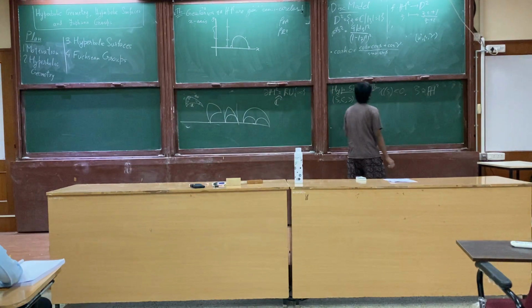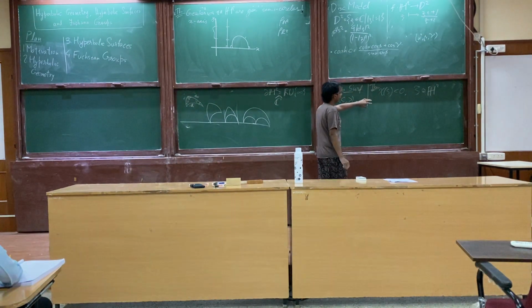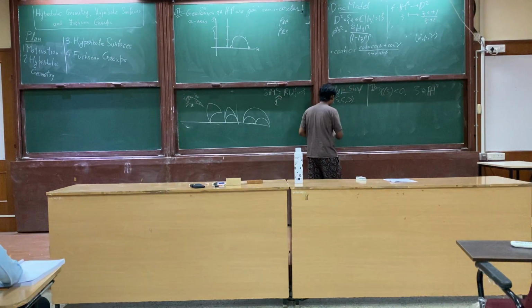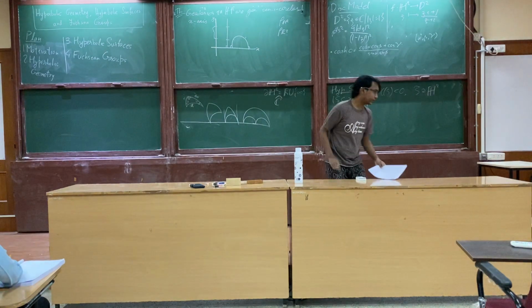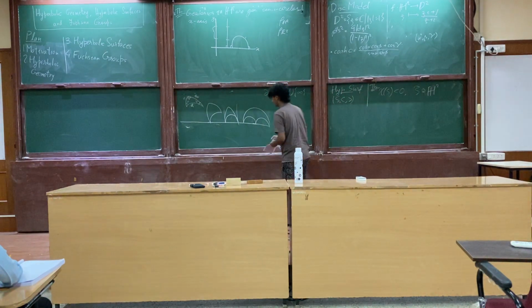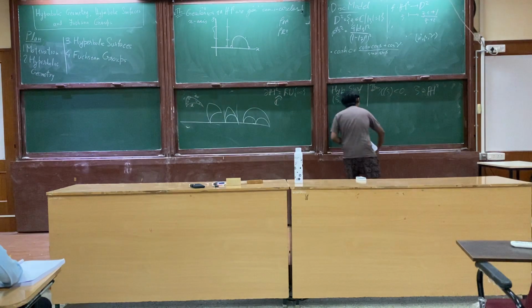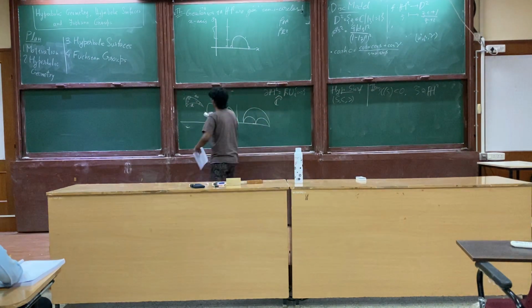So that is what hyperbolic surfaces are in some sense. But I think a better motivation comes from Riemann surface theory. And so what is that? For that we need a deep theorem. So maybe I should write that over here.